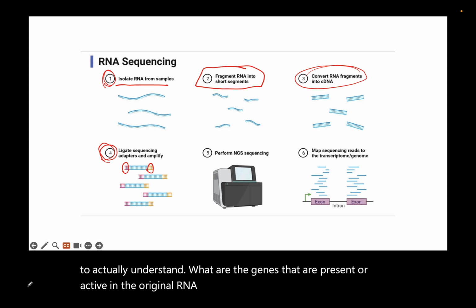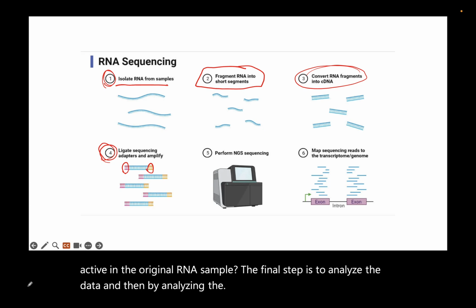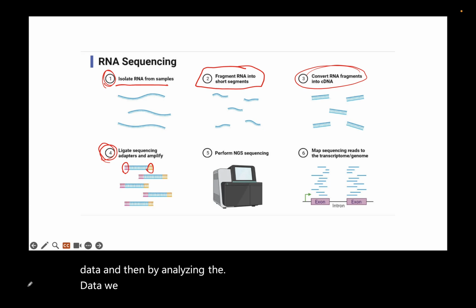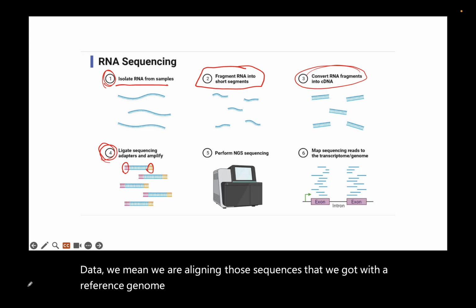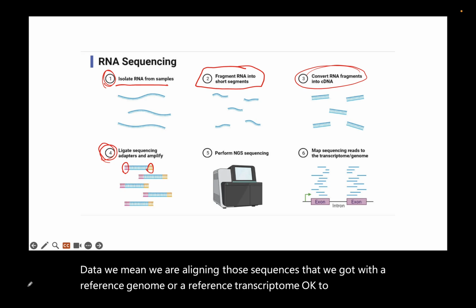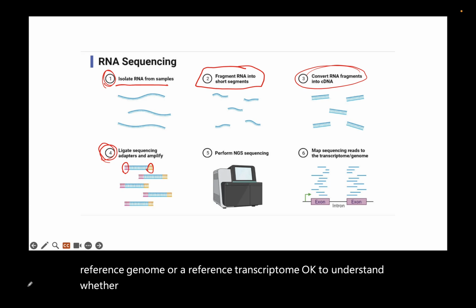The final step is to analyze the data, and by analyzing the data, we mean we are aligning those sequences that we got with a reference genome or a reference transcriptome, okay, to understand whether those genes are present in the sample that we collected.